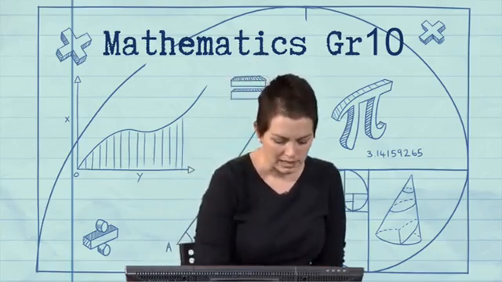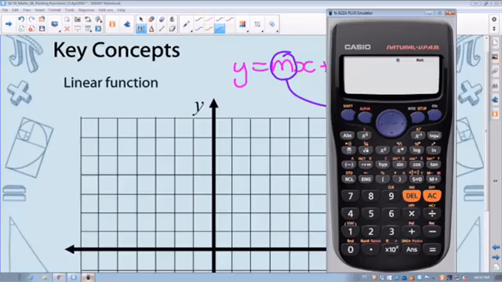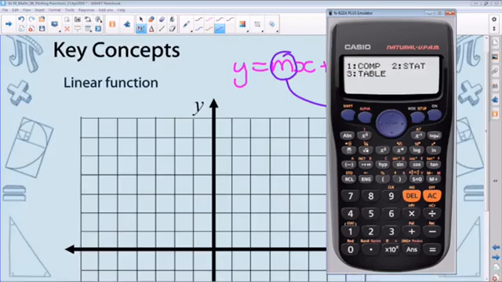So let me call up my calculator, and here it is. And the first thing I'm going to do is press mode, and then press the number 3 to get into table method. And you'll see I have my functional notation. So f of x is the same as saying y is equal to. And I said we were going to plot the parent function, so I want y is equal to x.